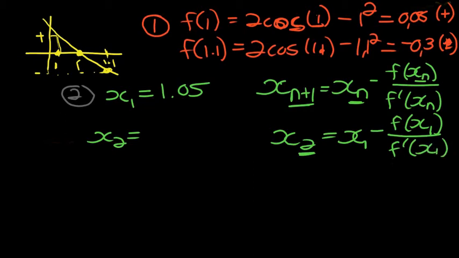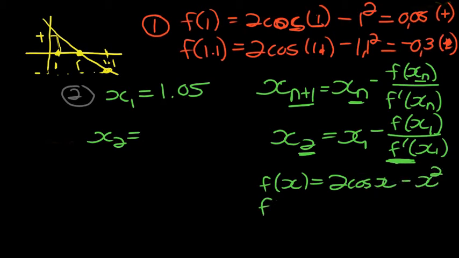So you'll see we'll need to get the derivative. We know f(x) is equal to 2 cos x minus x squared. We need the derivative in the Newton-Raphson formula to work out x2 and the other approximations.